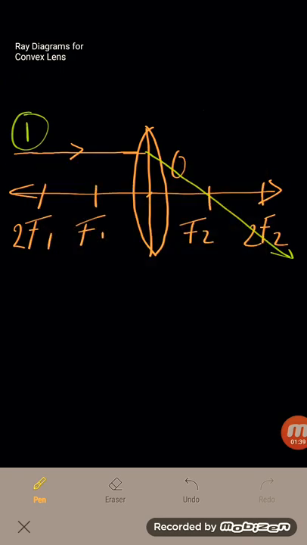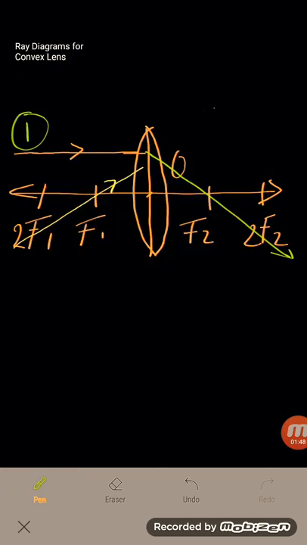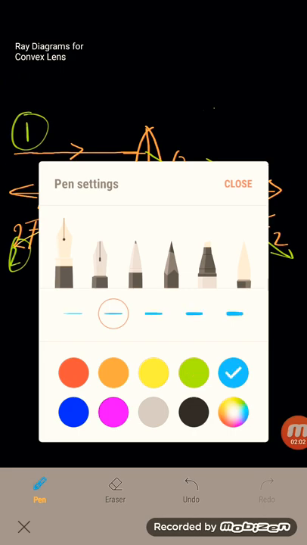If a ray of light is passing through focus, after getting refracted, it goes parallel to principal axis. This is rule number 2. I am sorry.